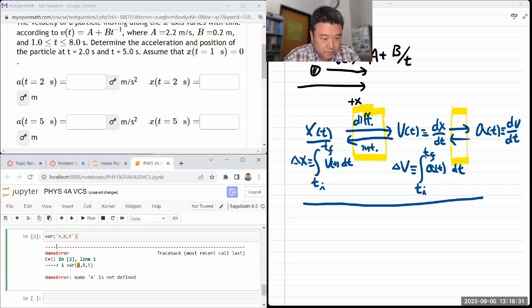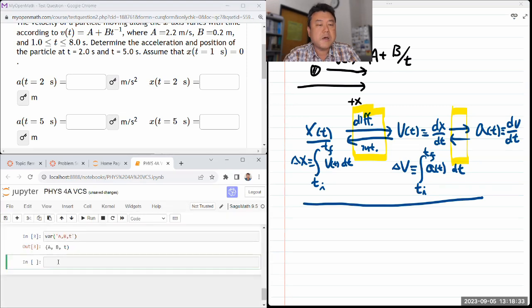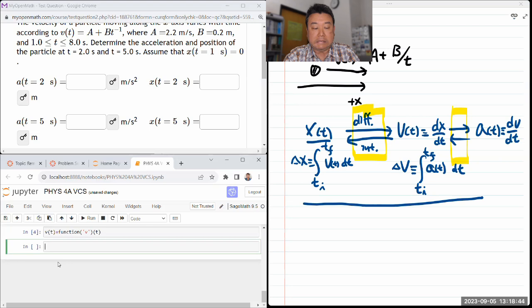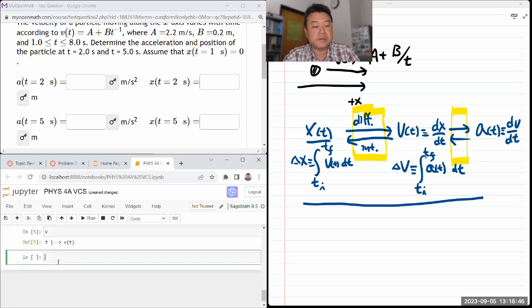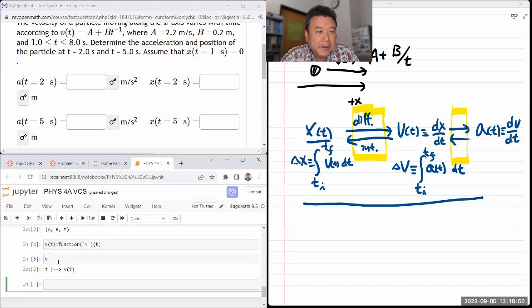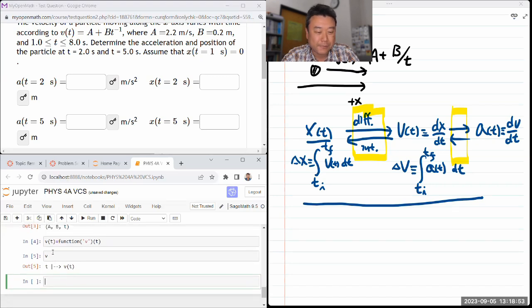I needed the quotation marks to properly define those. So for my velocity, let me say that's going to be a function of time, a function of t. Okay, good. Velocity is defined as a function. Oh, actually, I shouldn't have done that. I'm going to be overriding that.